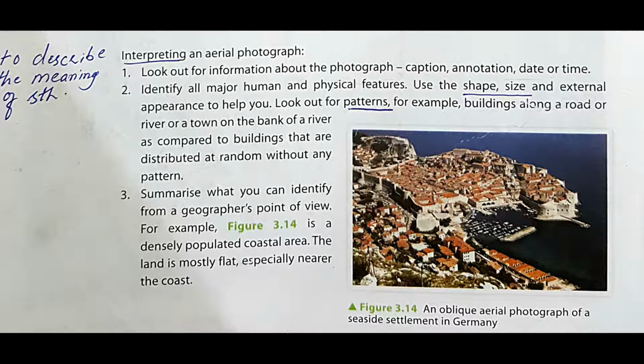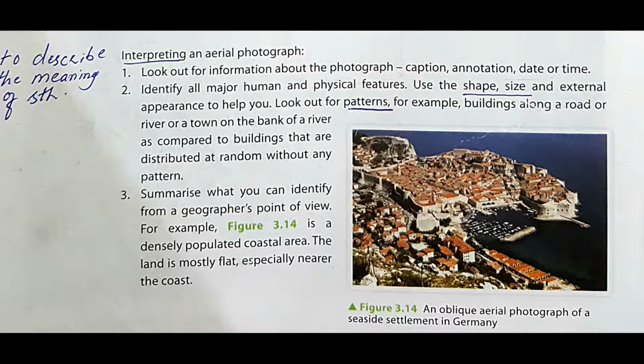Number 3, summarize what you can identify from a geographer's point of view. After describing an aerial photograph, you have to summarize what you have identified from the photograph.